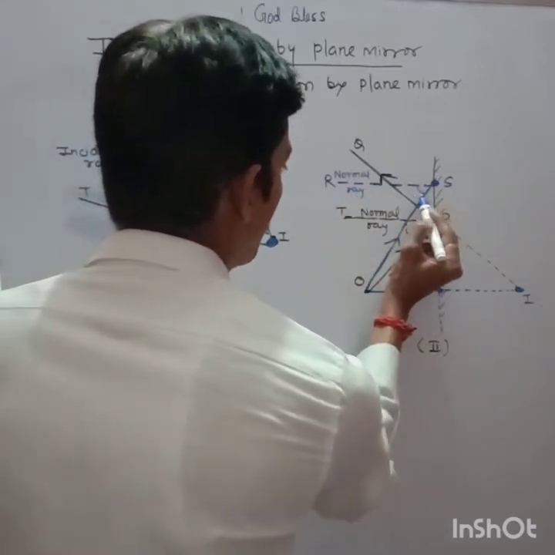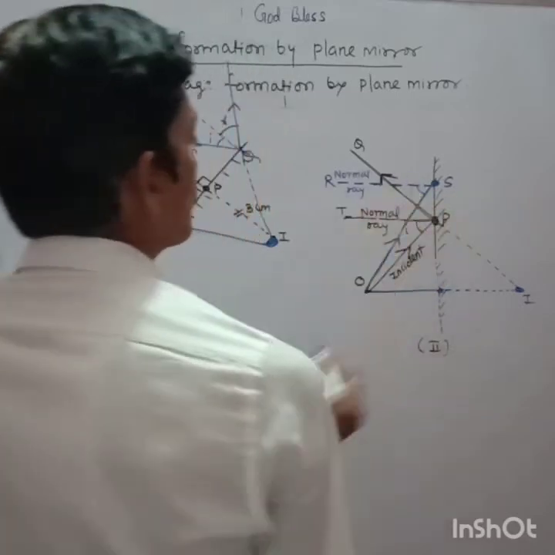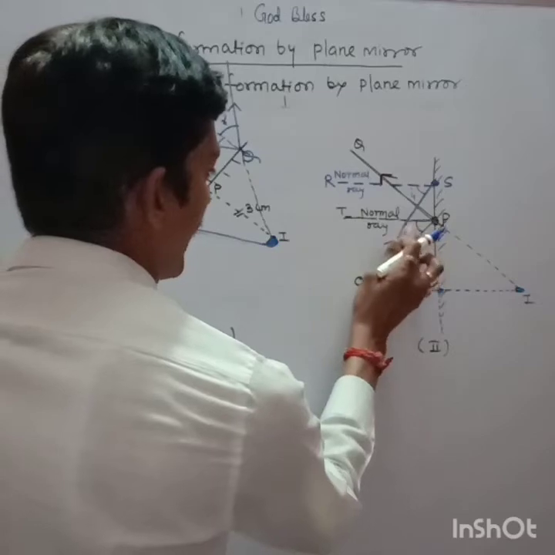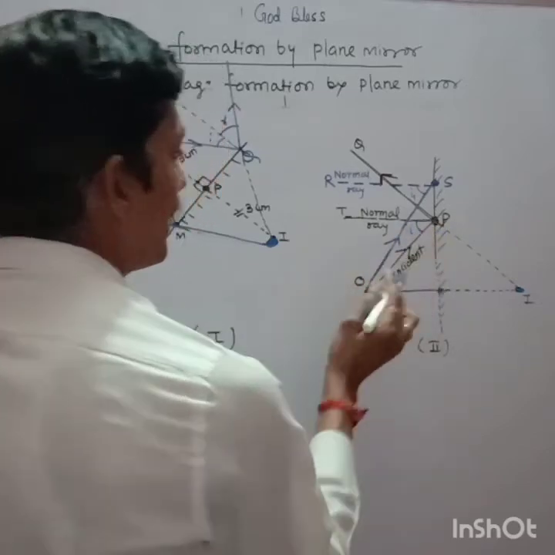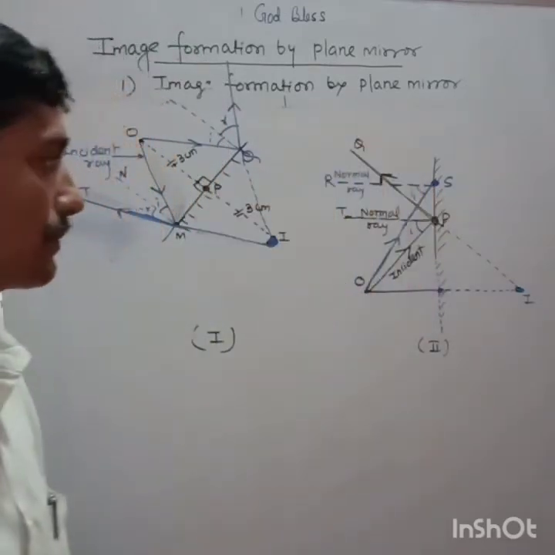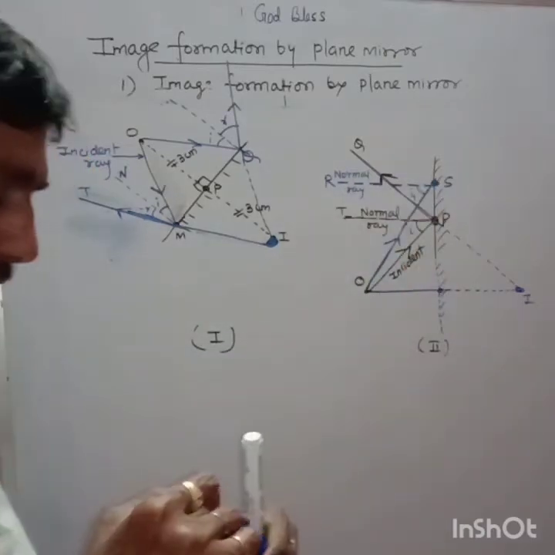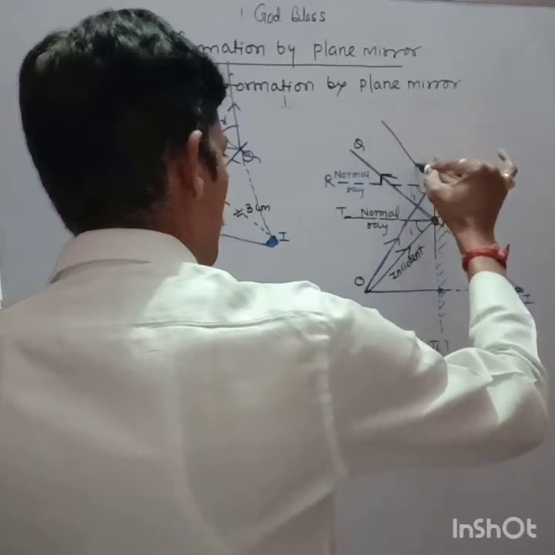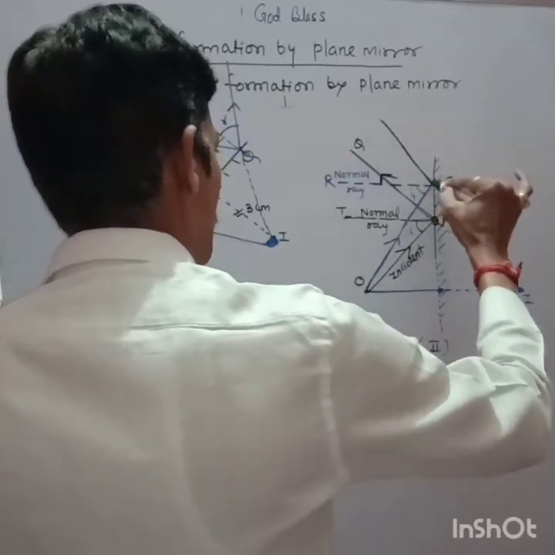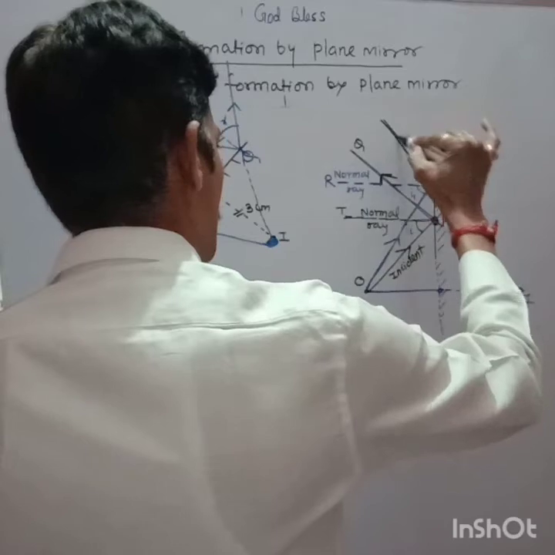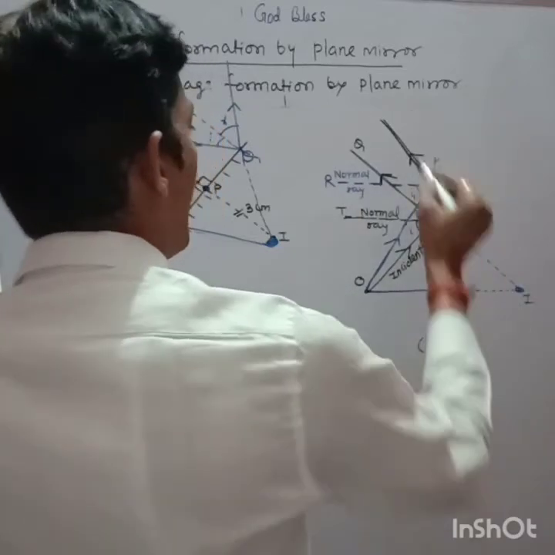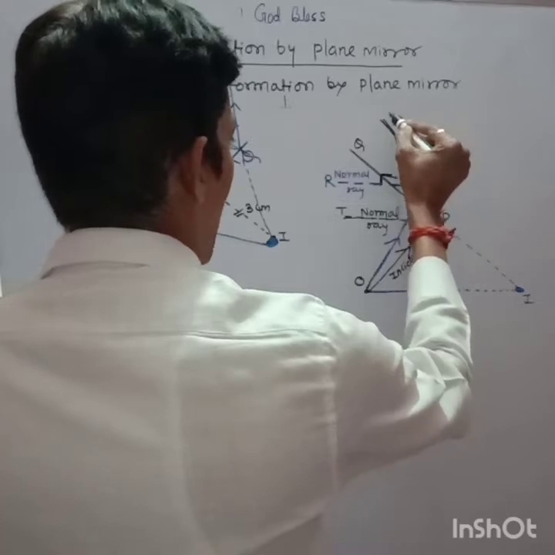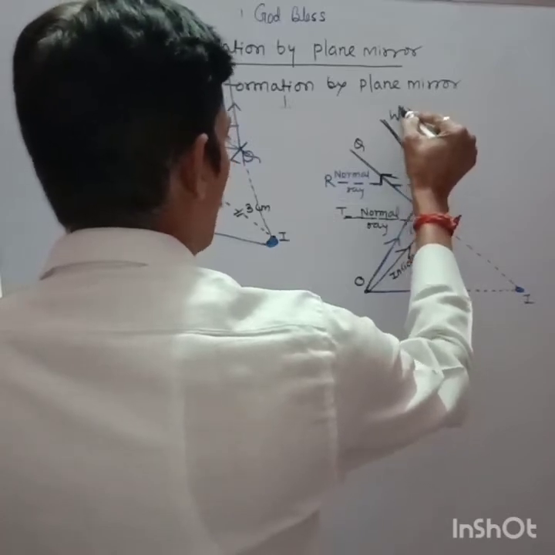I will mark it as I1 because the earlier one was making I. Let this make I1 with the normal. So where will it reflect? It will reflect back here, say along SW.